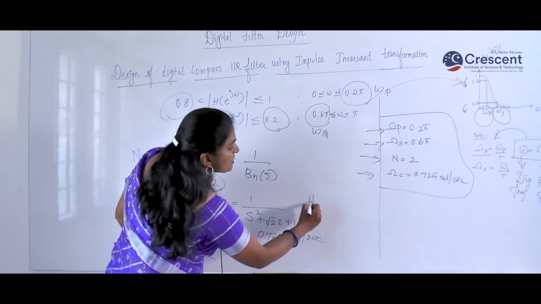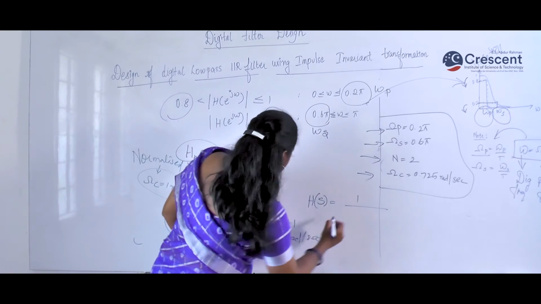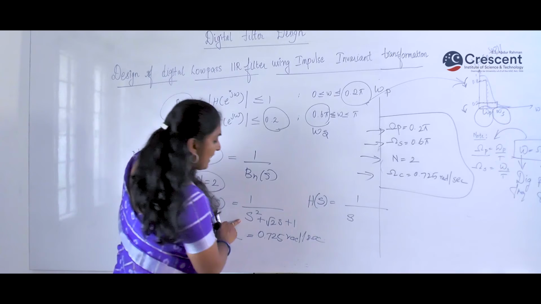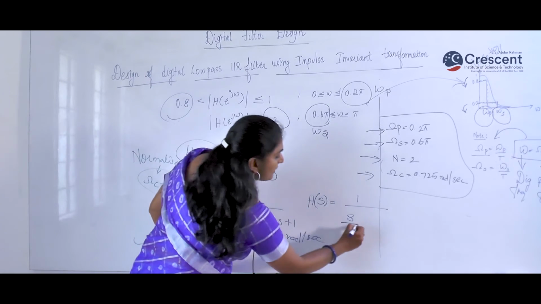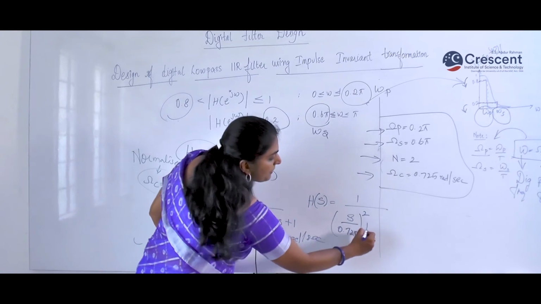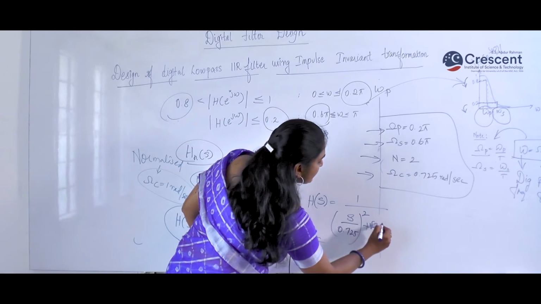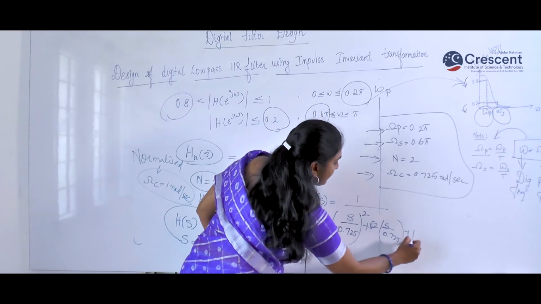The unnormalized transfer function becomes 1 divided by (s divided by 0.725) the whole square plus root 2 times (s divided by 0.725) plus 1.